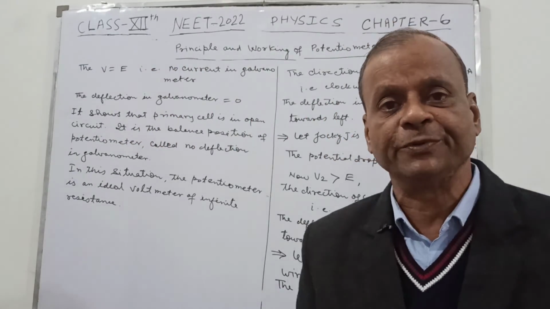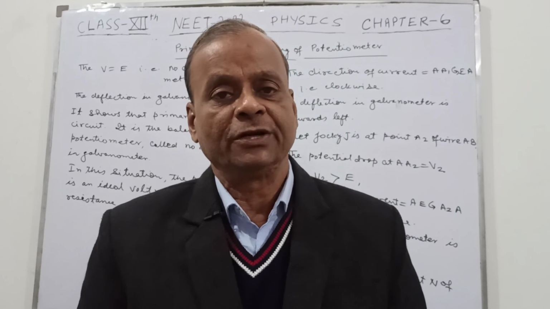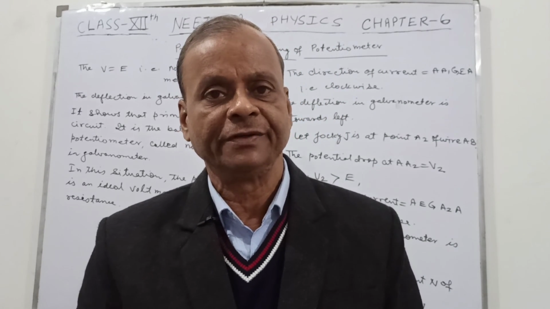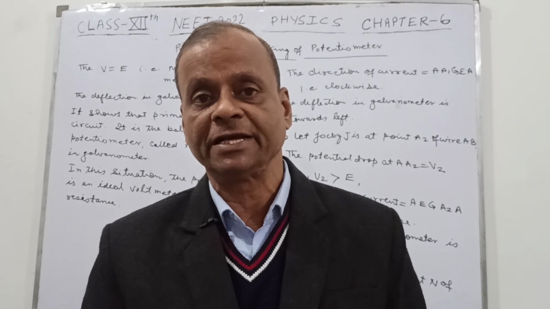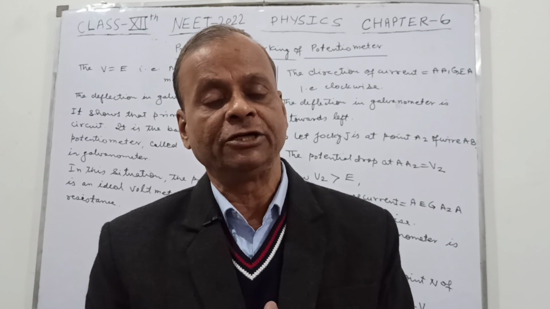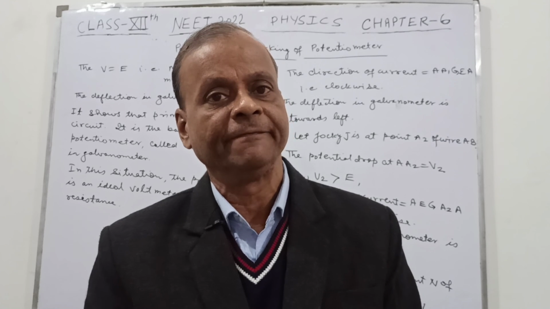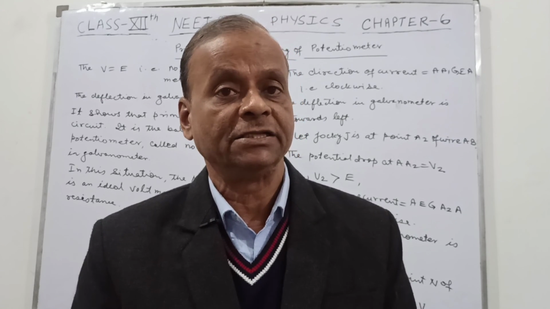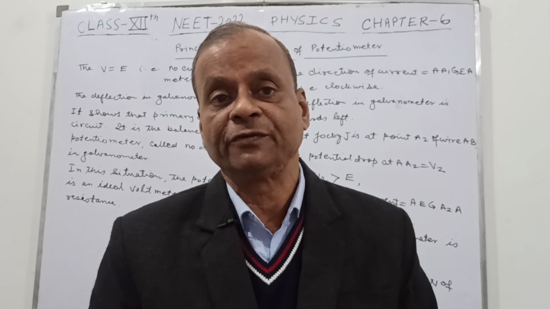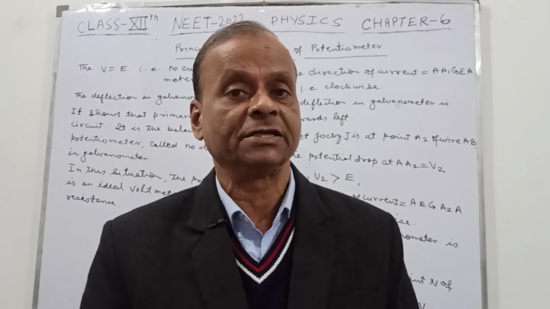So we have now 3 points. At the point A1, the potential drop is less than the EMF, and at the point A2, the potential drop is more than the EMF of the cell. Then between A1 and A2, there will be such a point where the potential drop is equal to the EMF of the cell. At that point, no current will be taken from the primary cell in the auxiliary circuit.